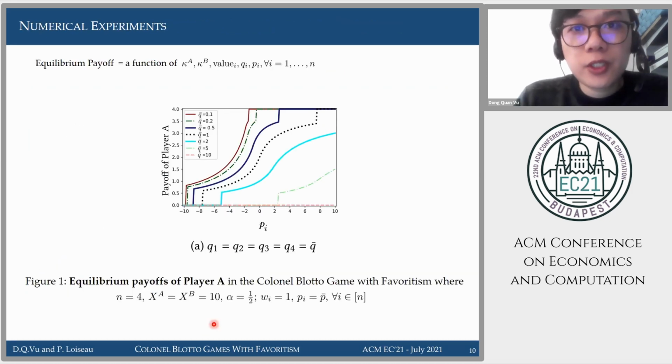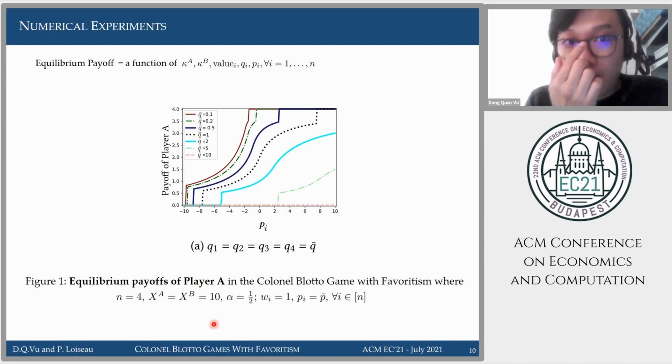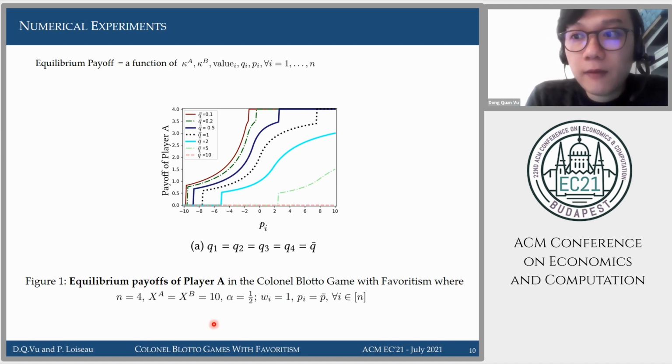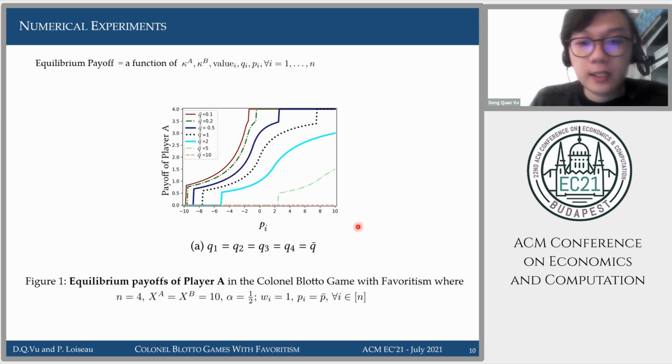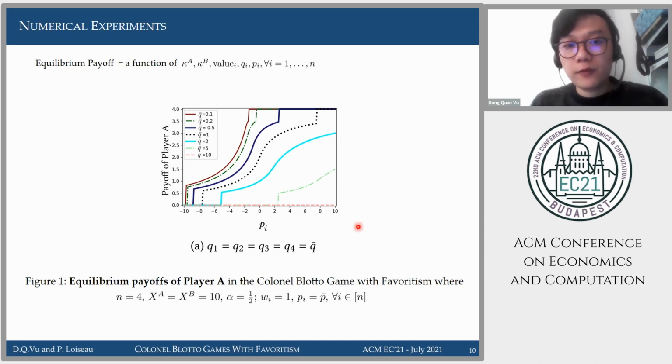So finally, to justify the effect of the favoritism on the payoff of the players, we conducted some numerical experiments. In this experiment, we consider a game with 4 battlefields. The 4 battlefields will have the same parameters, symmetric.